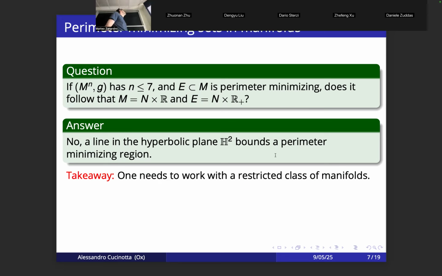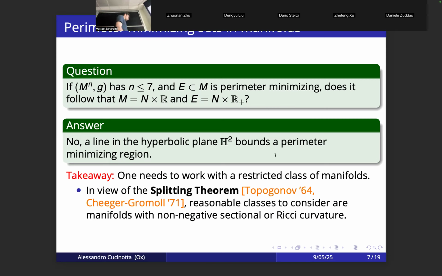All right, so this tells us that working with general manifolds is a bit too ambitious, and we need to work on a subclass. Now, the right subclass of manifolds to consider is either manifolds with non-negative sectional curvature or manifolds with non-negative Ricci curvature. And this is in view of the splitting theorem.